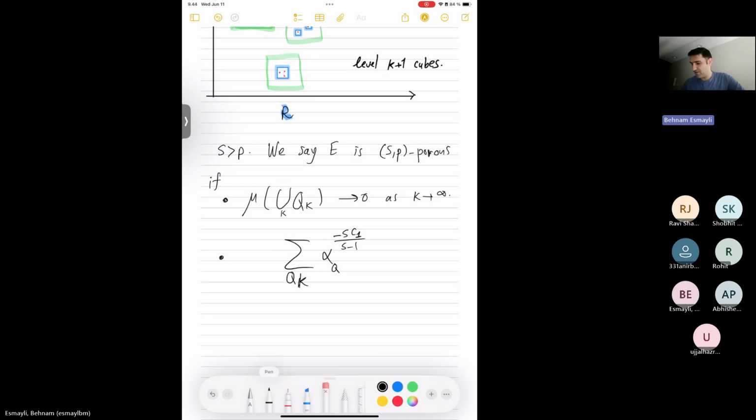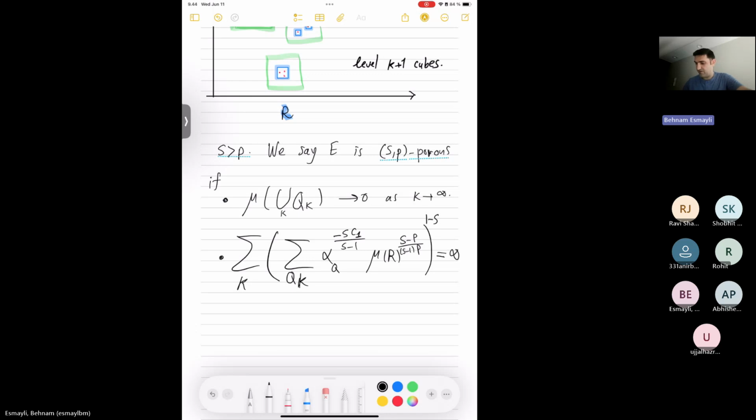And then you have the measure of the ring. So this R means matched to this Q. And then you raise it to the power (S minus P) divided by (S minus 1)P. Okay, you calculate this over all the cubes of level k. You get some number. And you raise it to a negative power, which is 1 minus S. And then you do this over all k.